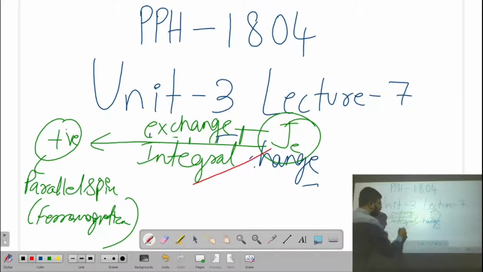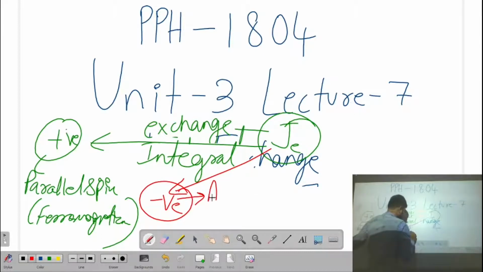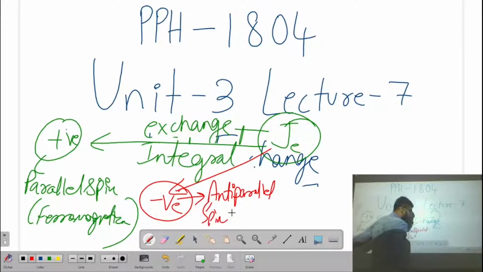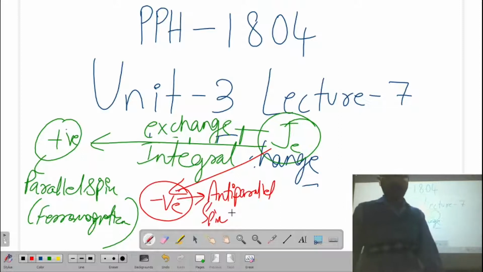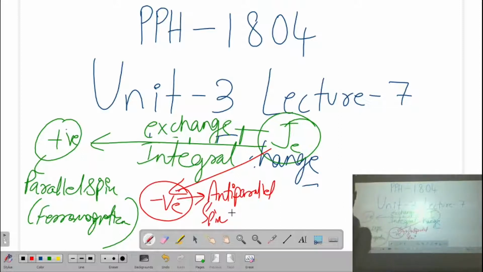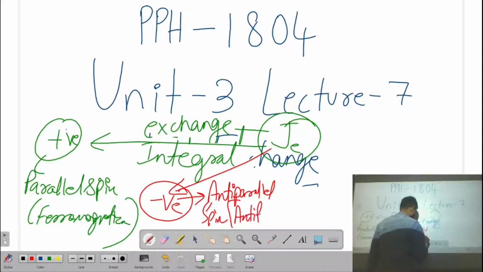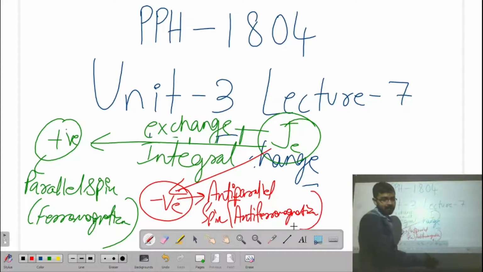And if the value of J is negative, then it will have anti-parallel spin and anti-ferromagnetism. This is all about the value of J.